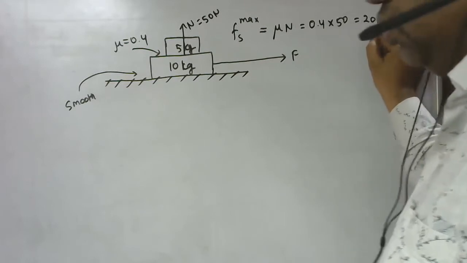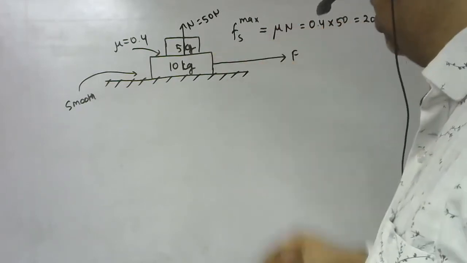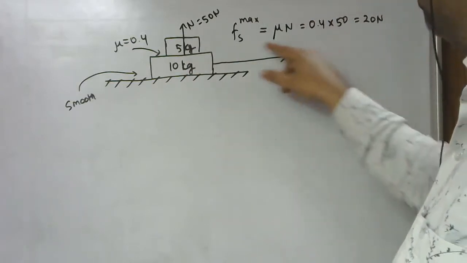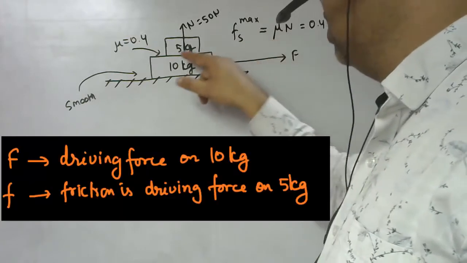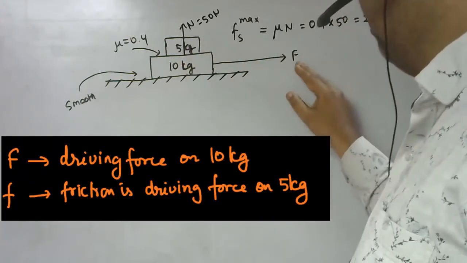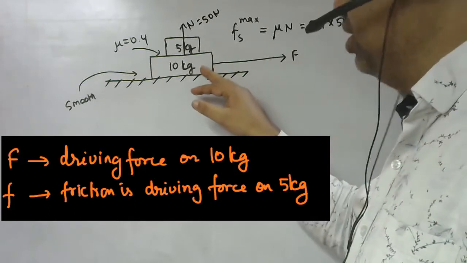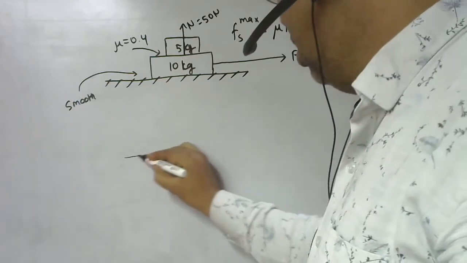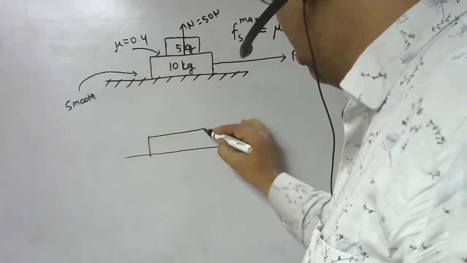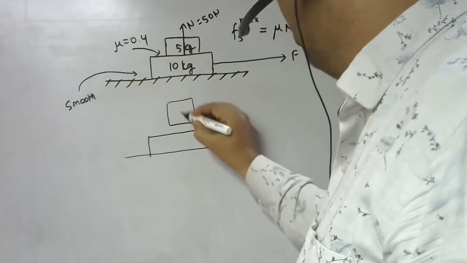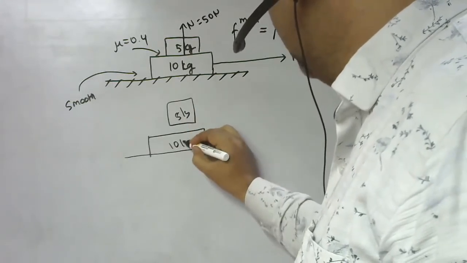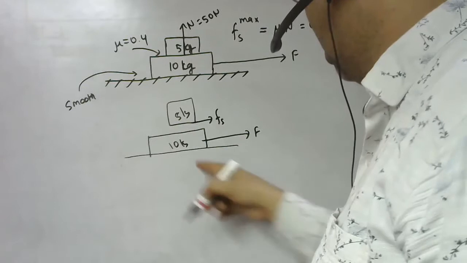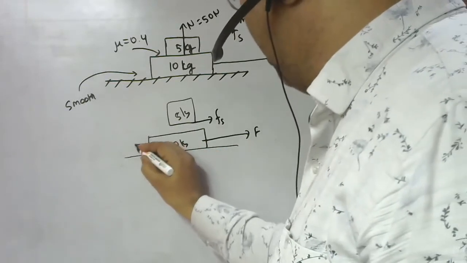Now this friction force acts on the two blocks. The friction force is the only force that accelerates the 5 kg block, while F is one more force on the 10 kg block except friction that accelerates it. So if I make a block diagram, 5 kg and 10 kg, there is static friction, and there is an external force F on the 10 kg block, and static friction.